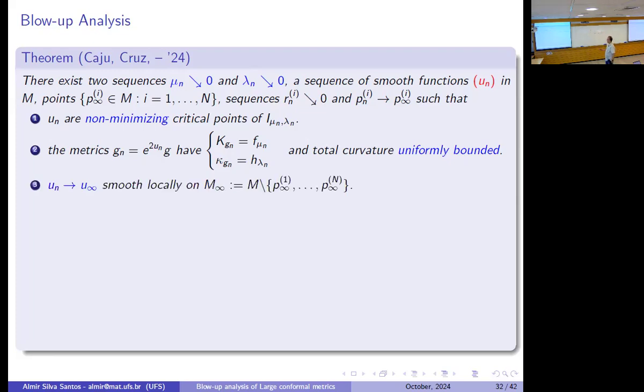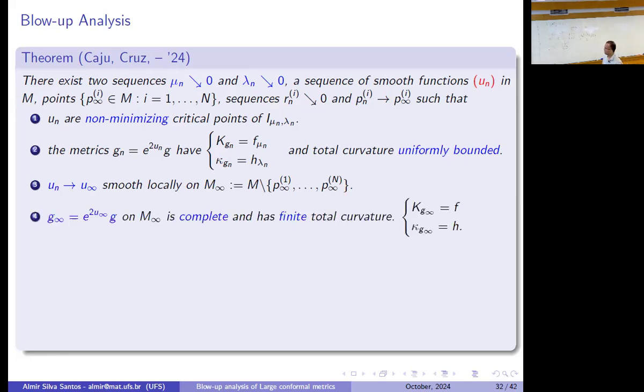And the sequence of functions converges at least smoothly on this set to some smooth function. The corresponding conformal metric given by this conformal factor u infinity is complete. M infinity is M minus the blow-up points, which are not exactly the maxima, but some of the maxima of the functions f and lambda.